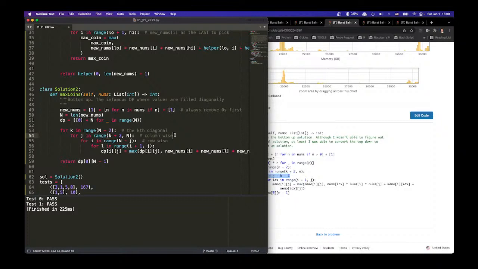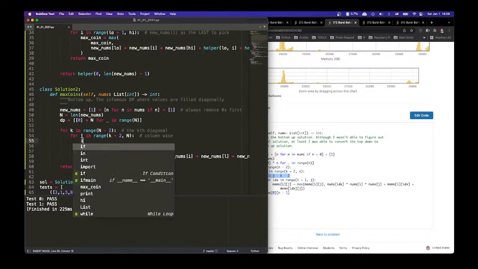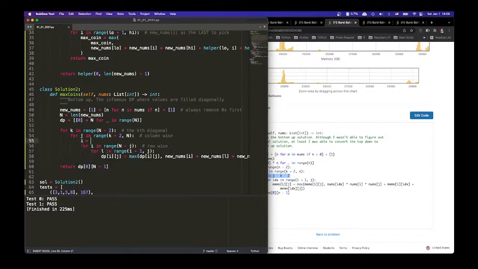Oh my god. What was I doing? Okay, so what was the relationship? When K is 0, I will be J minus 2. What if K is equal to 1, which is the second diagonal?